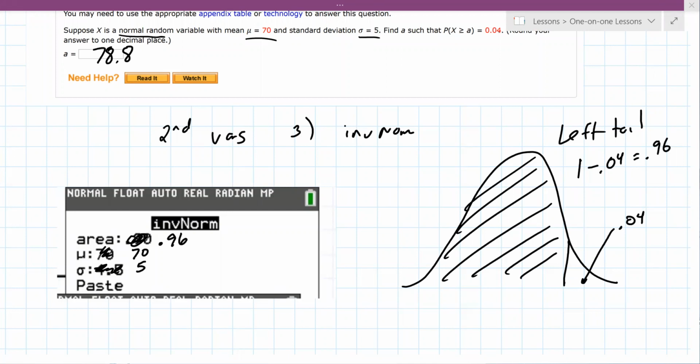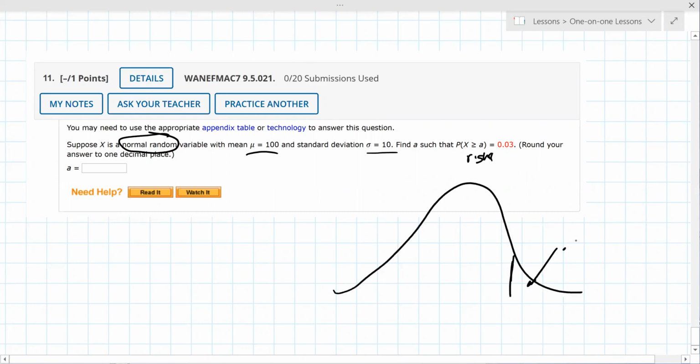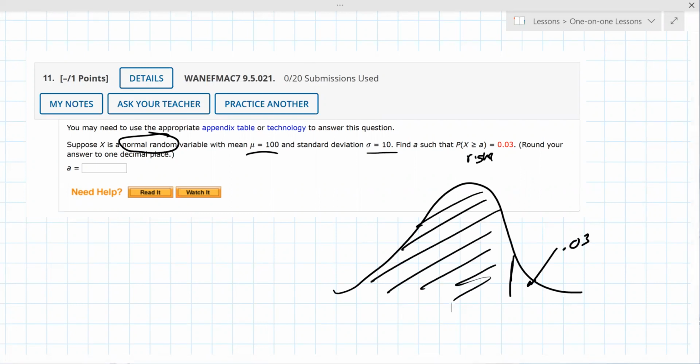So this is the same deal as the previous one we just did. So let me snip it in. Again, they give you mu, they give you sigma, they tell you it's normal, and they say right tail, the probability to the right of A is 0.03. But your calculator only works with left tail.